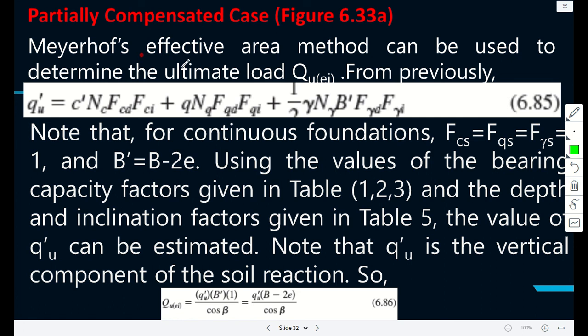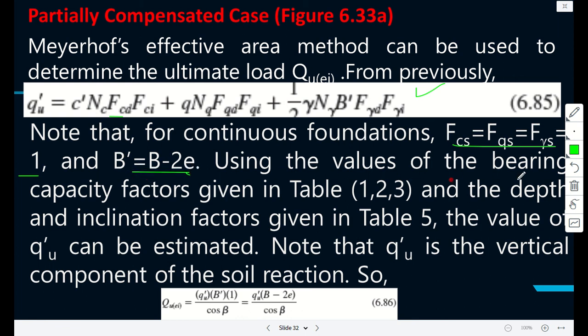Meyerhof's effective area method can be used to determine the ultimate load. All this we already know. These are the correction factors based on shape, compressibility, or inclined load. Note that for a continuous foundation, all these factors are one, and then B prime. So we use the Meyerhof simplified way.